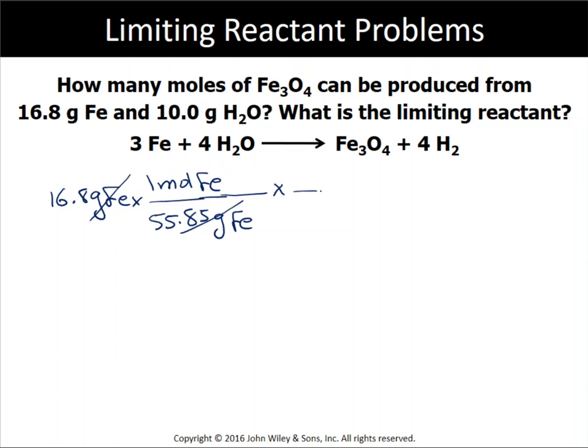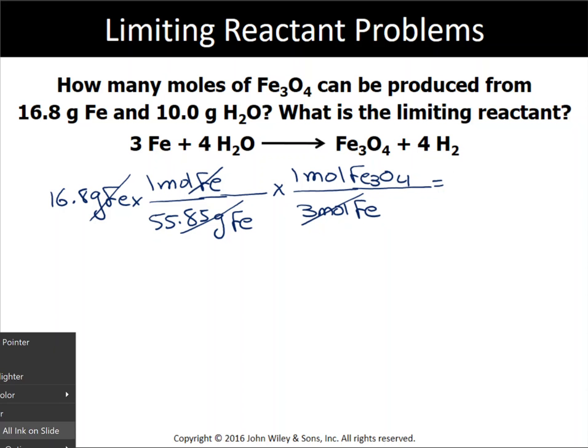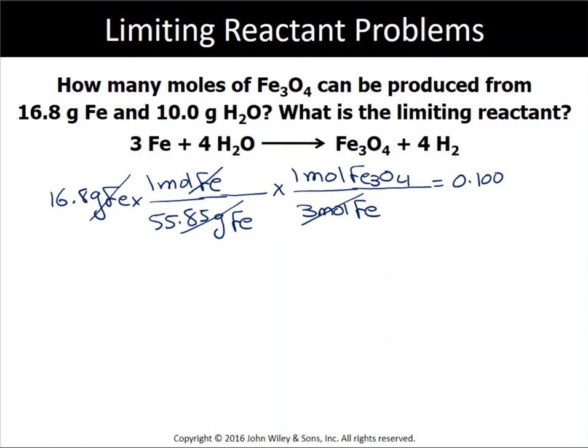And then based on the balanced reaction, each 3 moles of iron gives us 1 mole of Fe3O4. Which is 0.100 moles of Fe3O4.